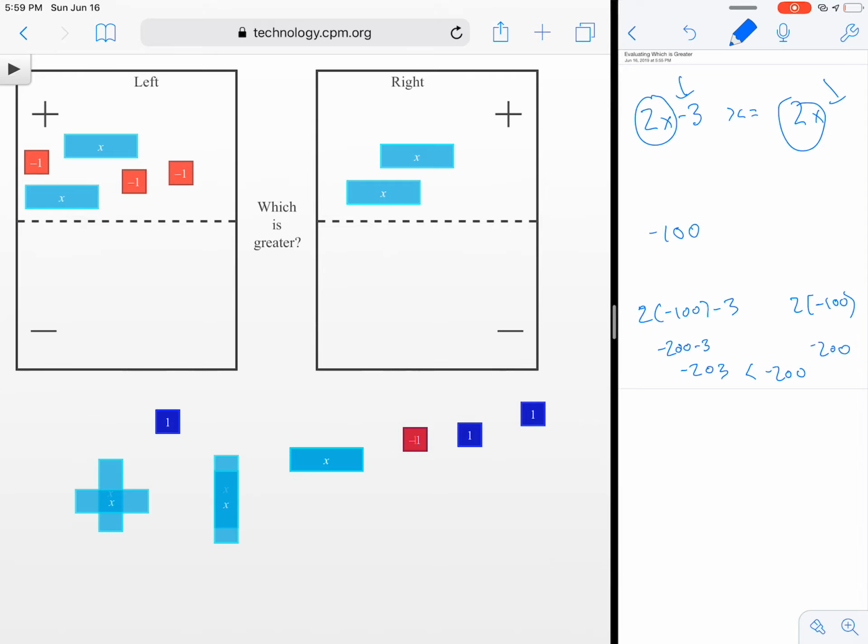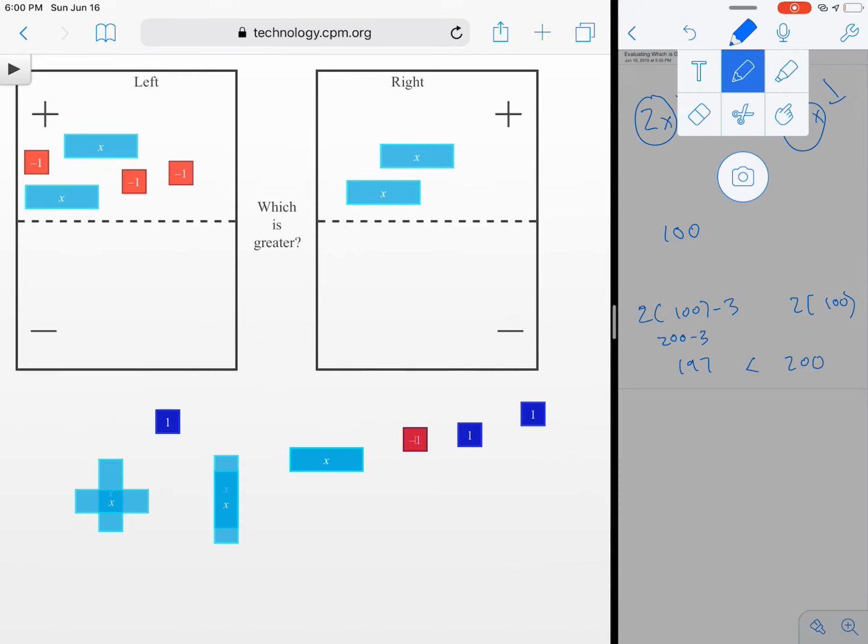If I now change that to a positive 100, we have 2 times 100, which is 200, minus 3, which equals 197. On the right side, I'm left with 2 times 100, which is 200. 200 is greater than 197. Again, the right side is greater.